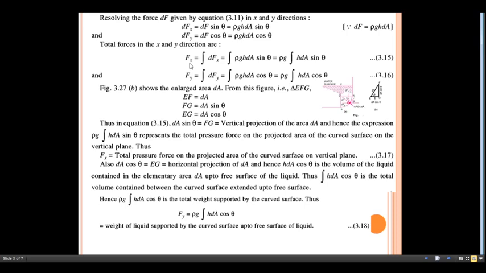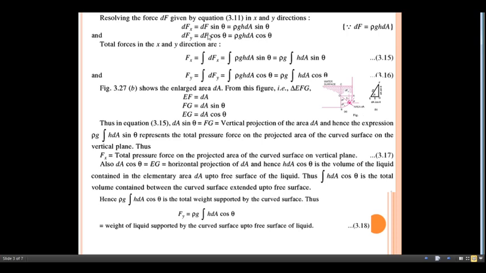So dFx is dF sin theta. The horizontal component is the sin component and the vertical component is the cos component, because the angle theta is here. So dF sin theta equals, with the dF term already known, rho g h into dA into sin theta.